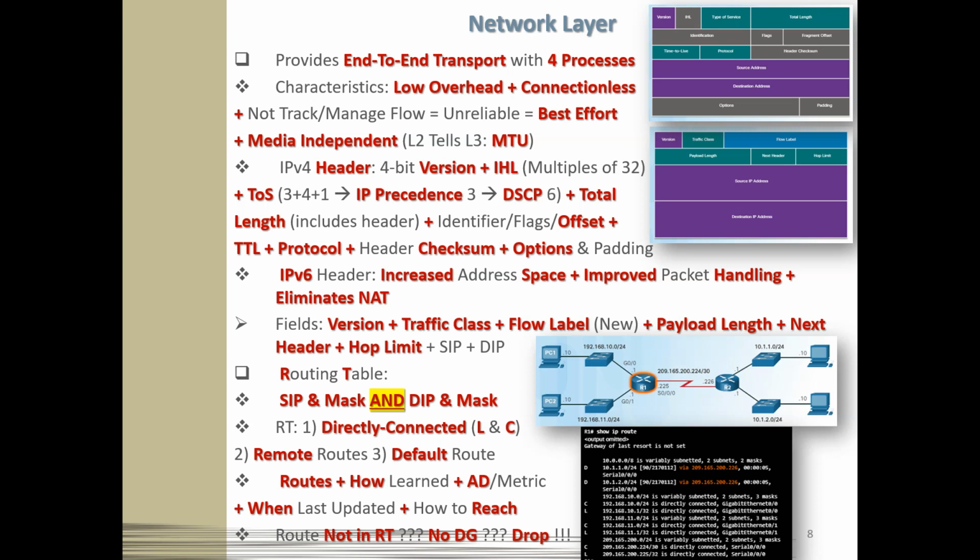That's why options and padding vary in length from 0 to a multiple of 32 bits. If option values are not a multiple of 32 bits, then zeros are added or padded to ensure that this field only contains a multiple of 32 bits.